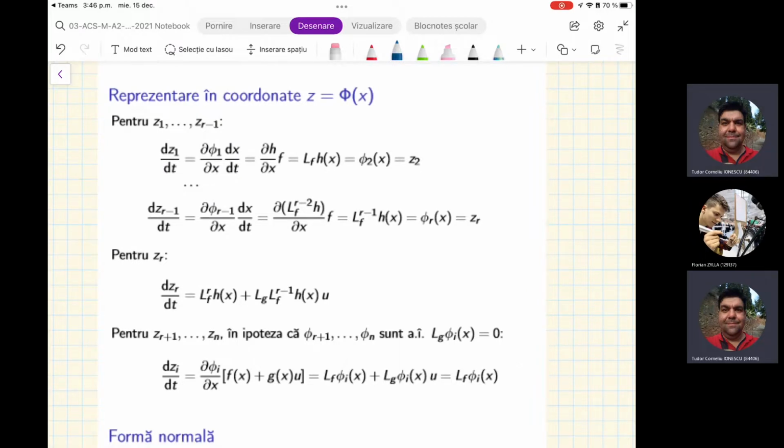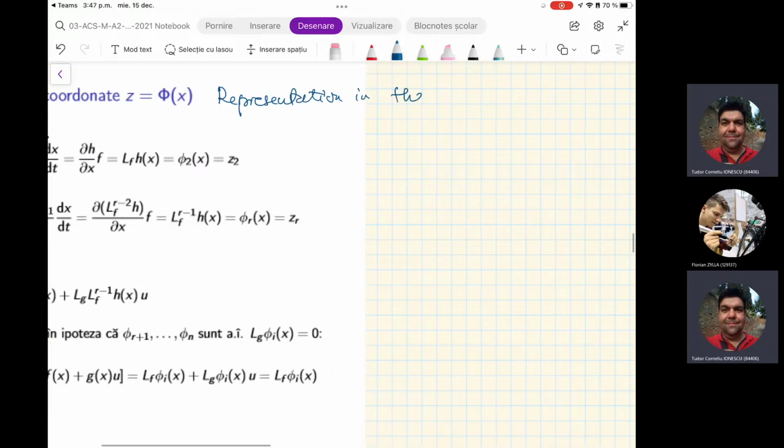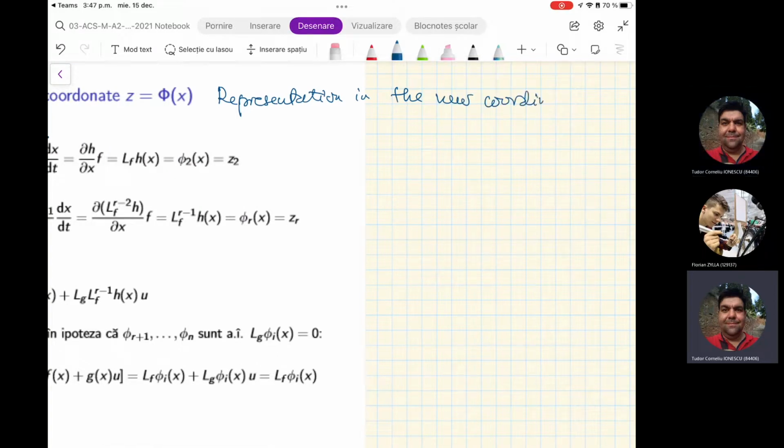And for all the new coordinates from Z1 to Z(r-1), where r is the relative degree, we get a representation in the new coordinates.